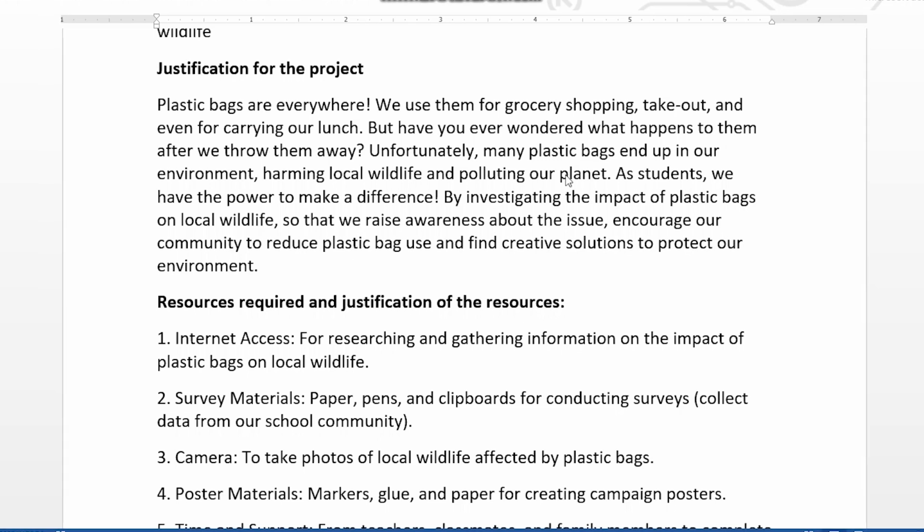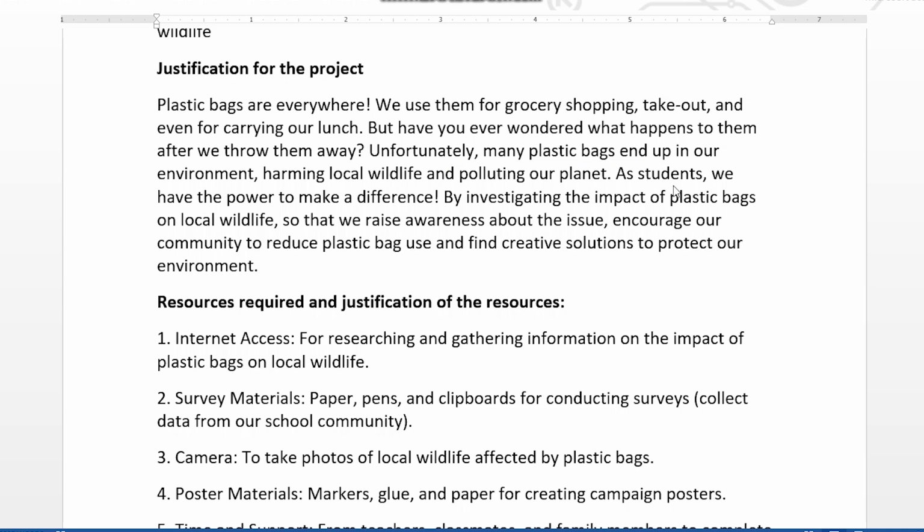So first, the learner has identified that plastic bags are useful for human life. They are using the plastic bags for different reasons, but also has identified the problem caused by the plastic bag.